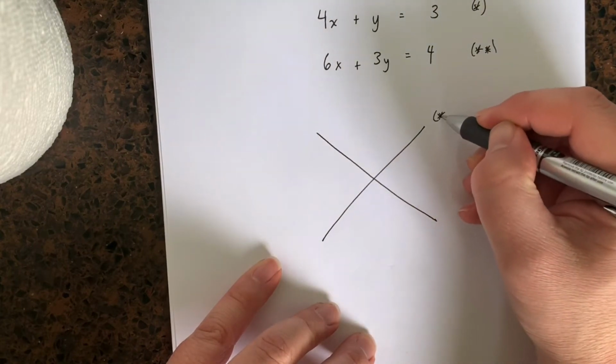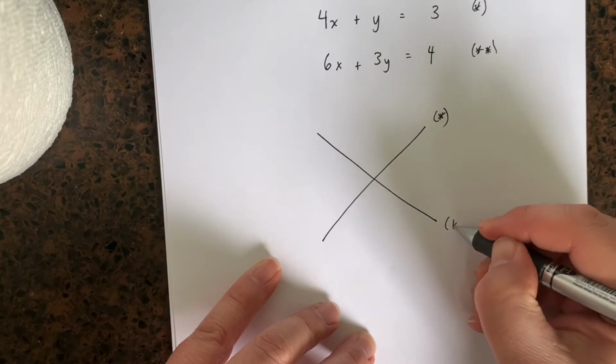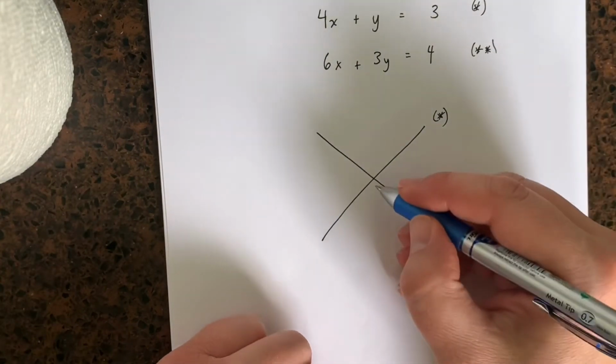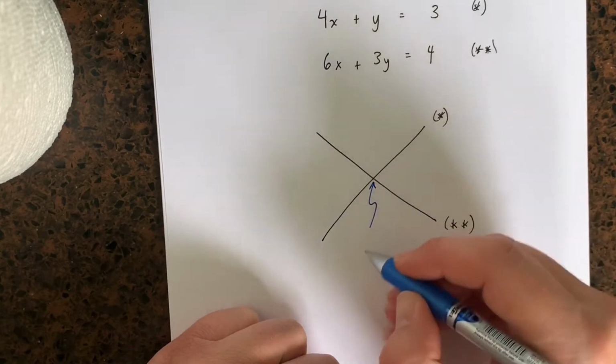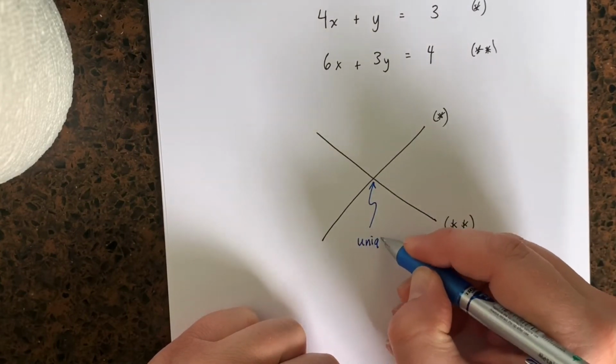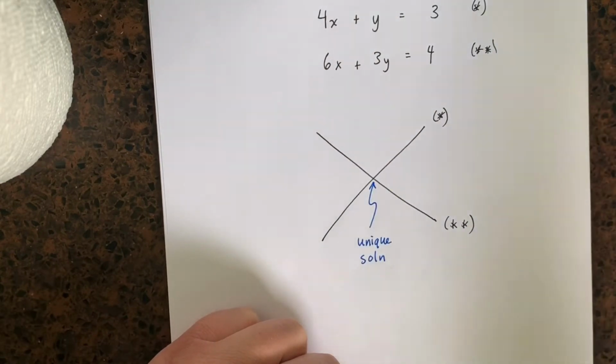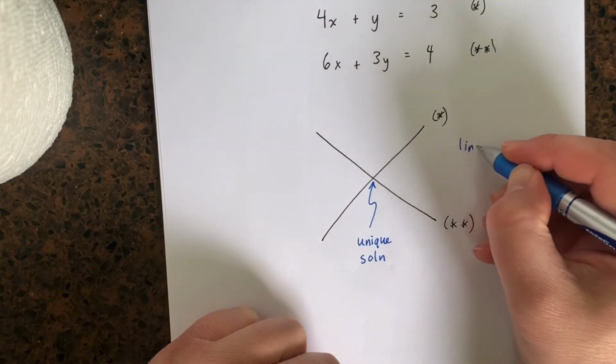So if I have the equation star and the equation star star, there's going to be a unique solution because they're linearly independent.